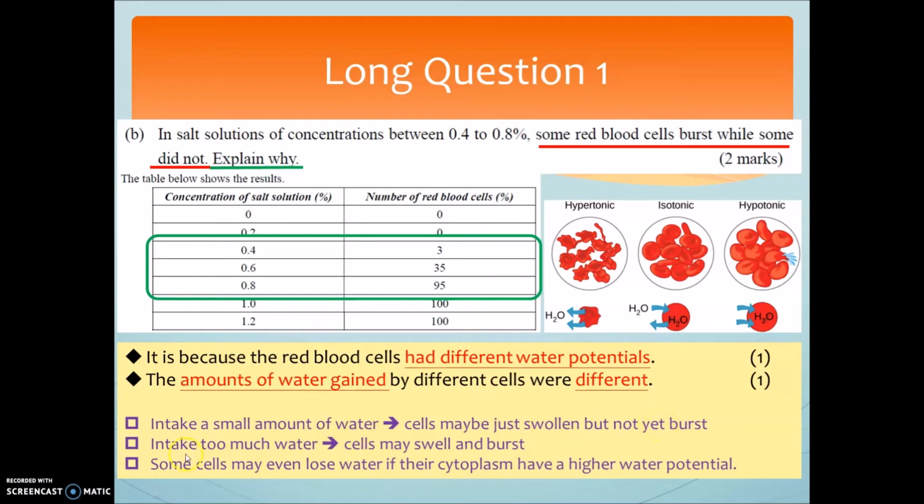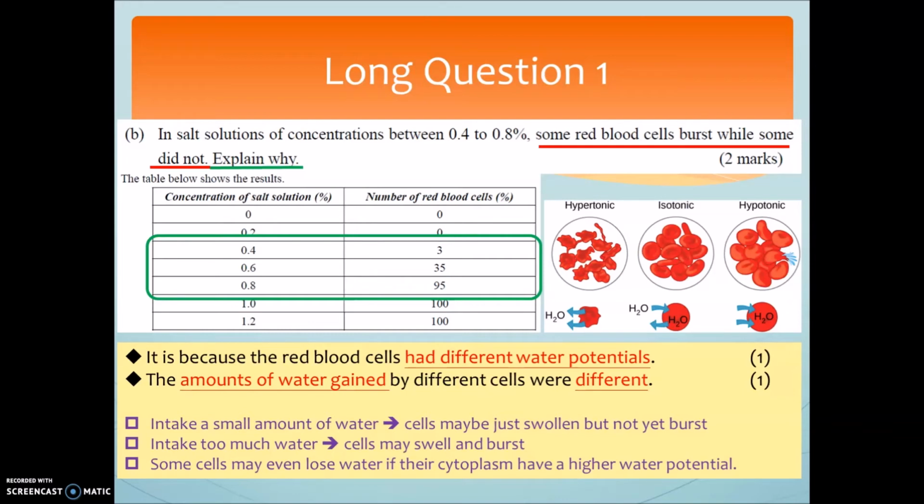And some of them may take in too much water, and then they will swell and burst. Okay, so is it possible for some cells to even lose water? It's still possible, because once the water potential of the red blood cell cytoplasm is higher than the water potential of the sucrose solution, they may even lose water. Everything is possible.